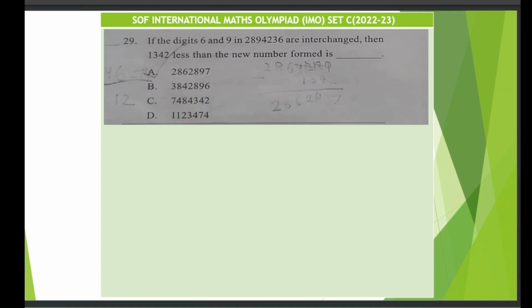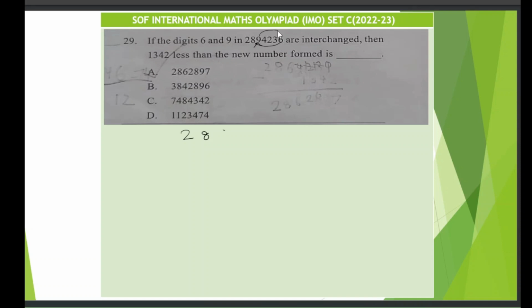Question number 29 says, if the digits 6 and 9 in this number are interchanged, then 1342 less than the new number formed is. So for this, first let's interchange the numbers. 2, 8, then comes here, instead of 9 we have to bring 6 here, right?